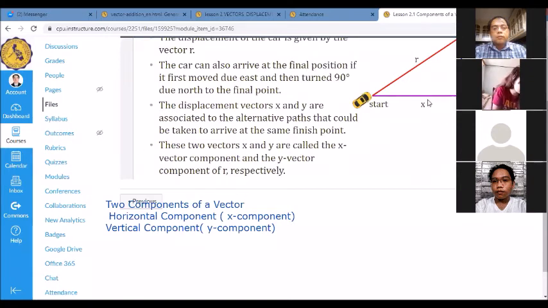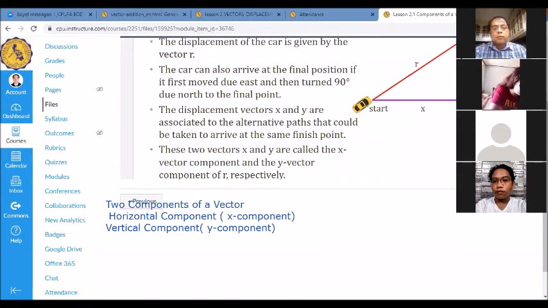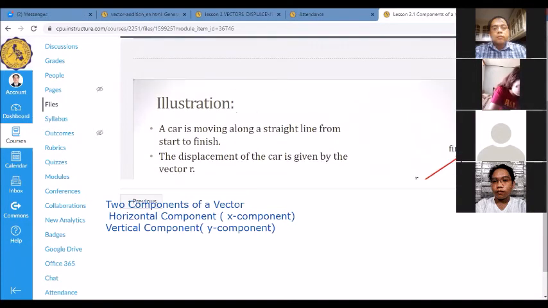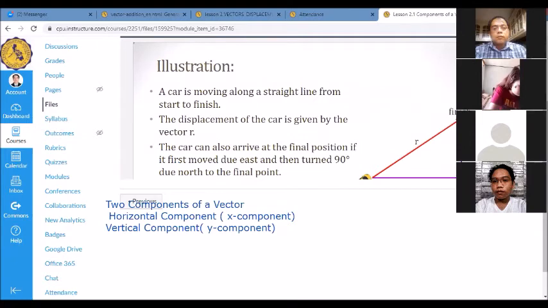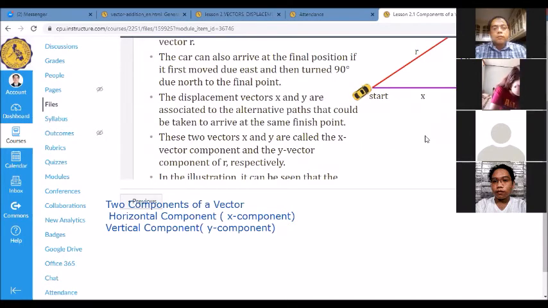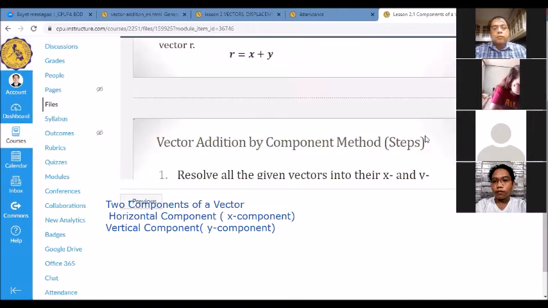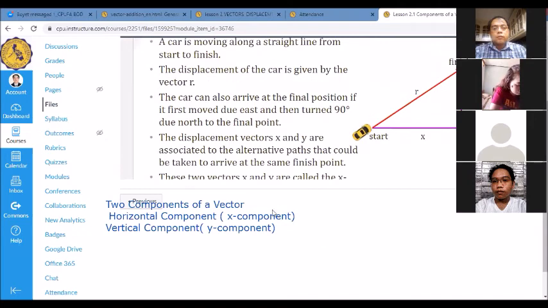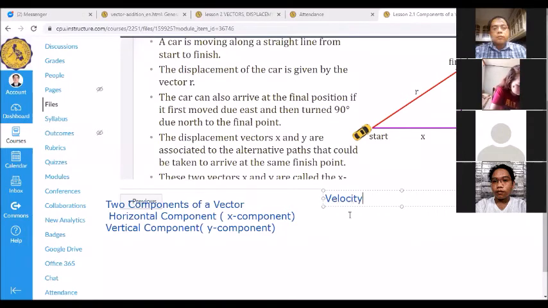Now, if we are dealing with this car, for instance, allow me to explain now this car. This car is, let us say, illustrated to be traveling at a certain speed. But again, now if we are dealing with a car, supposing there's just one given value, so the velocity of the car is, for example, 50 kilometers per hour.